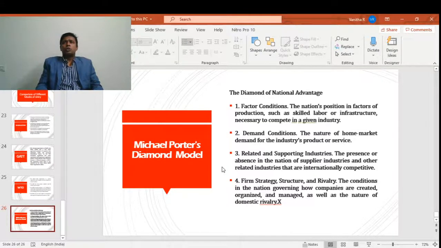Then when it comes to labor, skilled labor, you can take Germany for example. Most of them are engineers. Even Greece, when you go, naturally they are architects right from the beginning. Even thousands of years back, they built those structures.